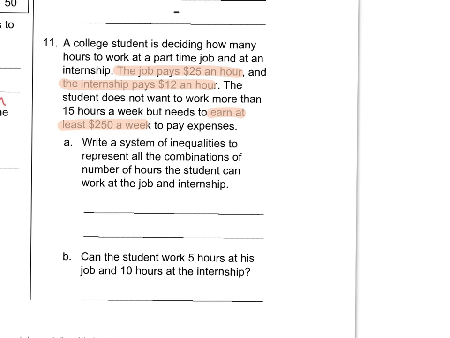All right, so if I want to write the equation for that, I've got 2 rates, so that's standard form, so 25x plus 12y. At least means 250 is the least amount, so he wants to make greater than or equal to 250. X, you should define this, and I'll make sure you have a space on your test tomorrow.